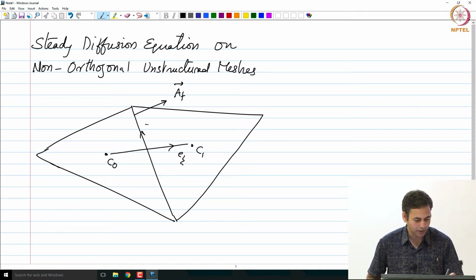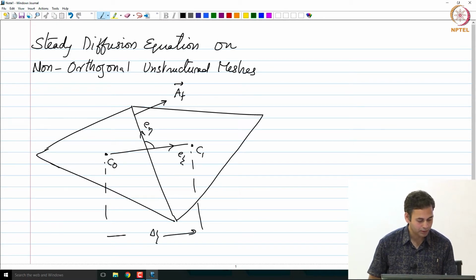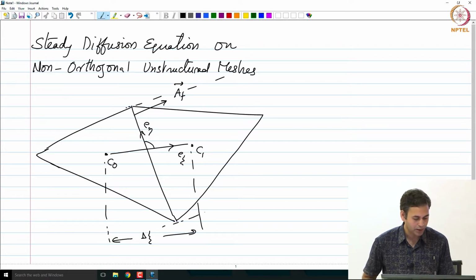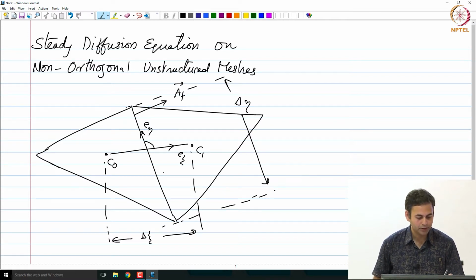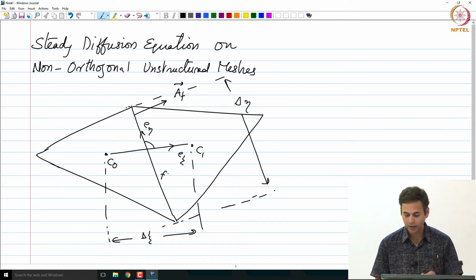Then we have E eta, and the angle between them is not 90 degrees. We defined delta xi as this distance, and delta eta as the magnitude of the area vector. This is our face f.